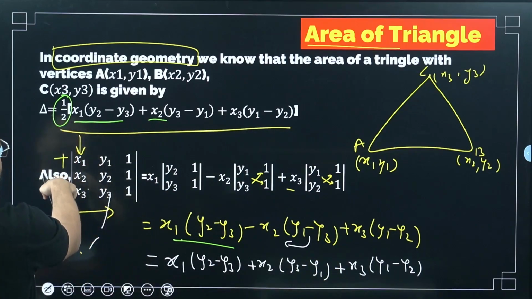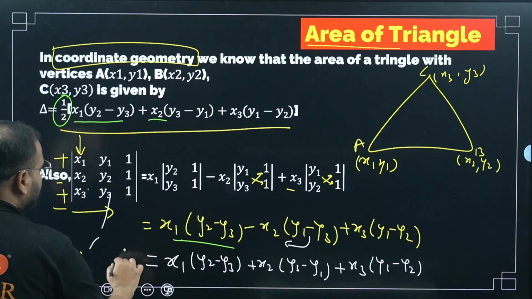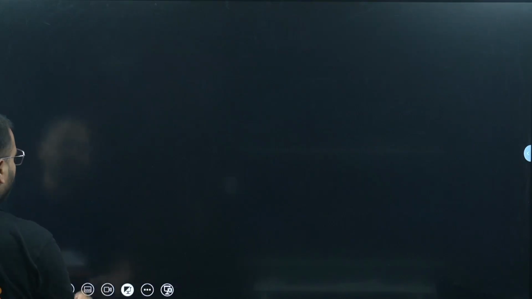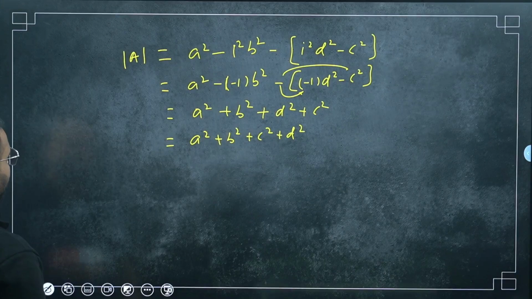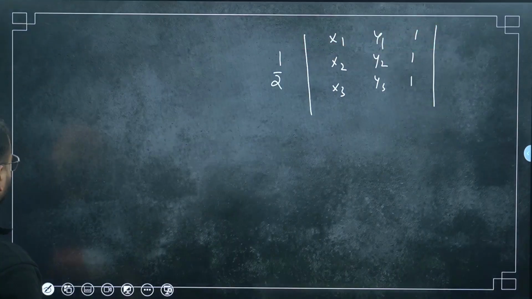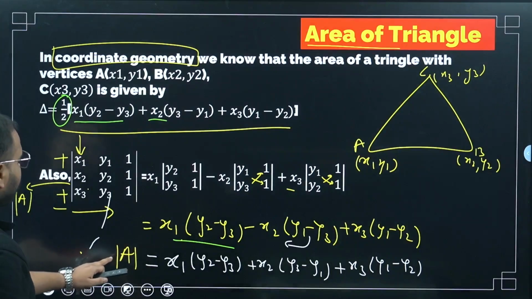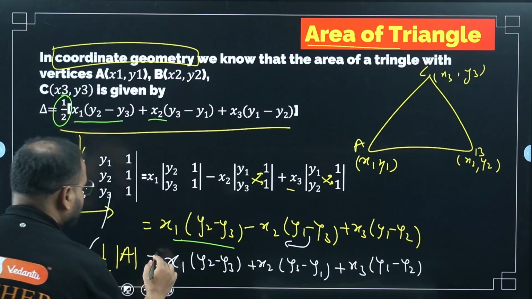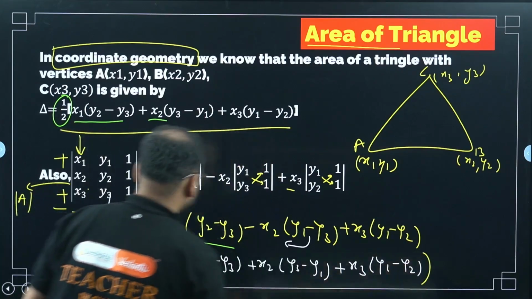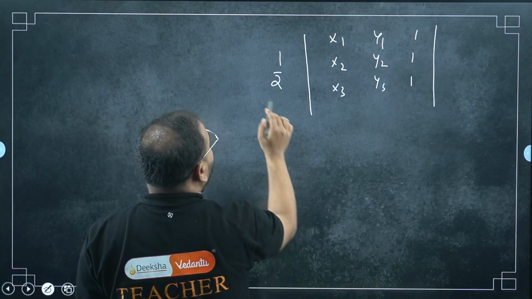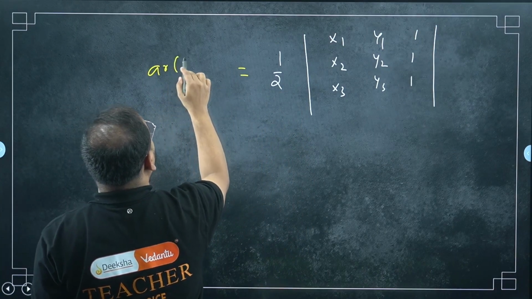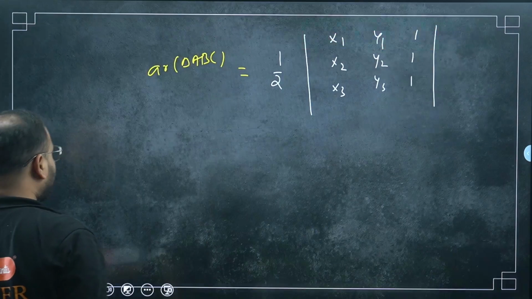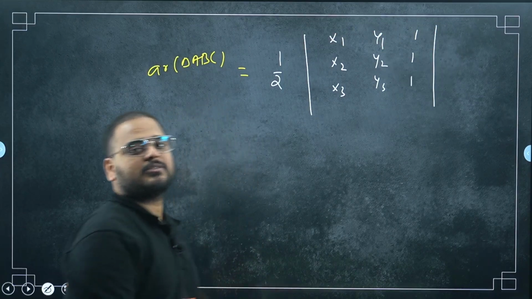If this is the determinant, let's say A, and I multiply 1 by 2 over here, this becomes 1 by 2 times this whole thing. So this becomes the area of triangle ABC. So instead of finding this value, if you find this value, we also get the same representation. I hope you understand this.